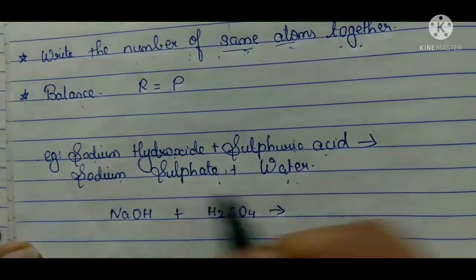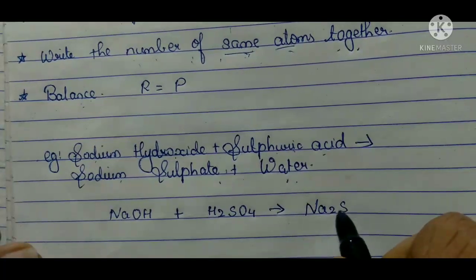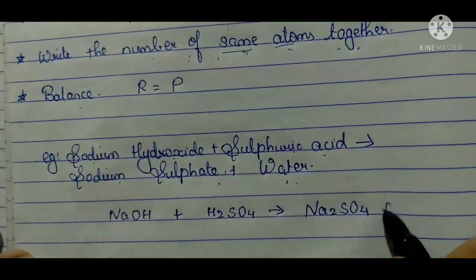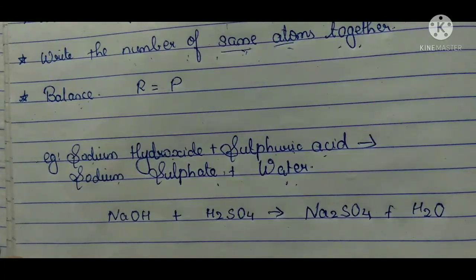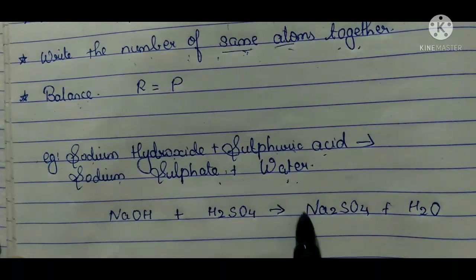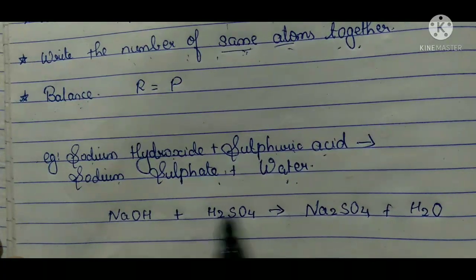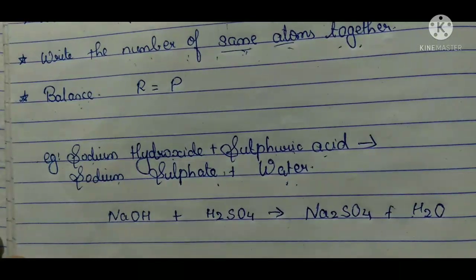It will give sodium sulfate, Na2SO4, plus water, H2O. While writing, you might have noticed I left space towards my left side. Why? Because you have to adjust all the numbers towards the left side of the molecular formula.